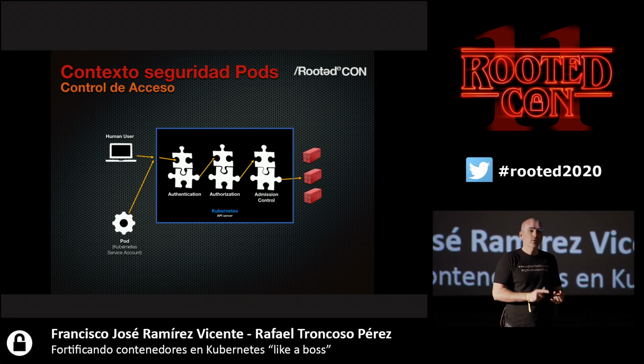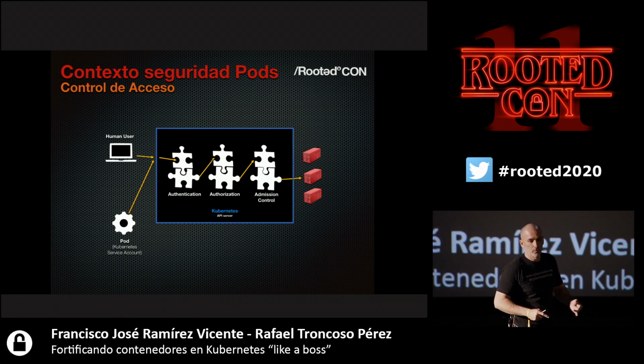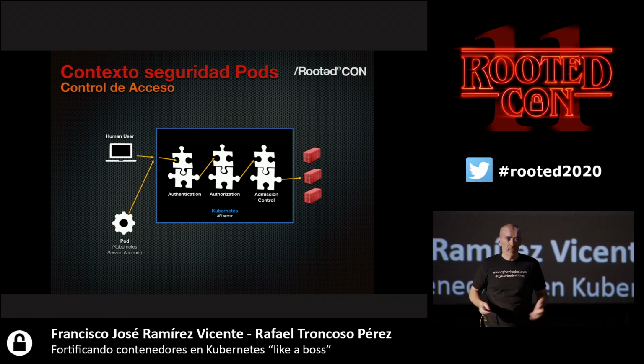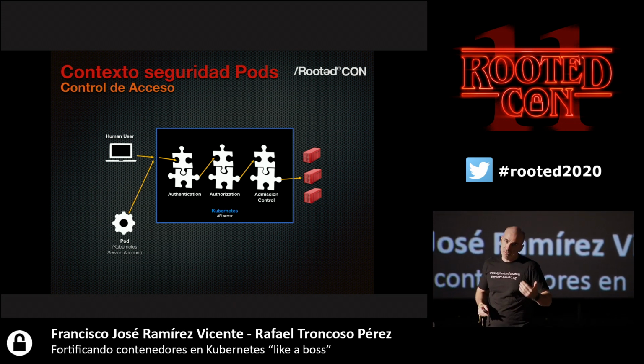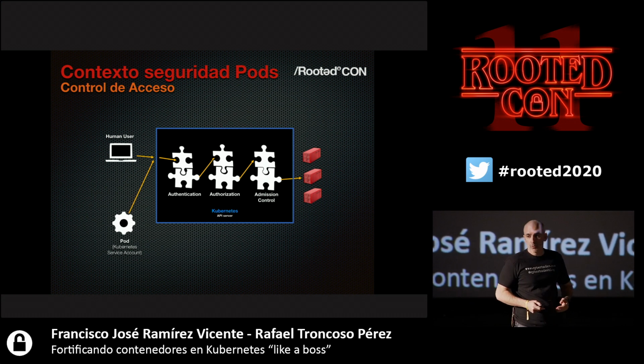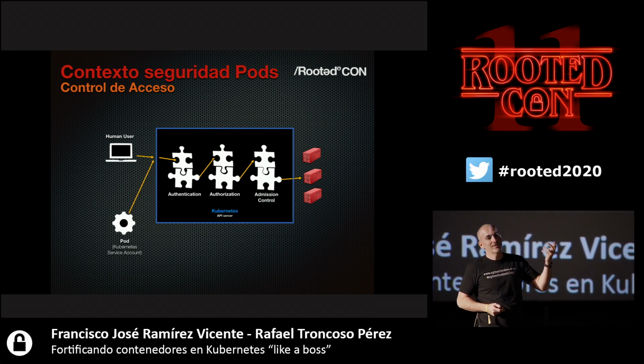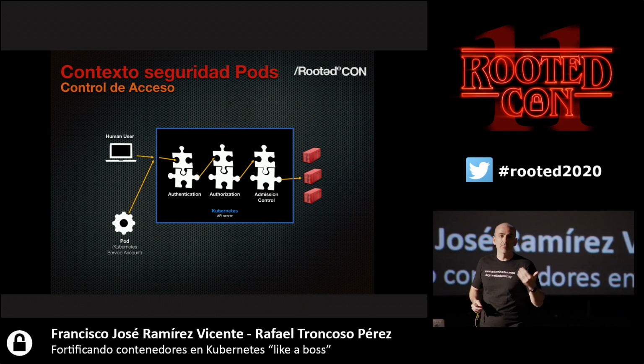For that we can ask Kubernetes, I want to set up a pod in the team 1 namespace, and this pod I'm going to run by default because we've said that by default things run as root. So when we make that request, the first thing Kubernetes does is to authenticate our credentials.